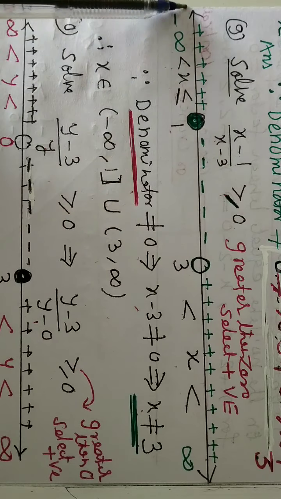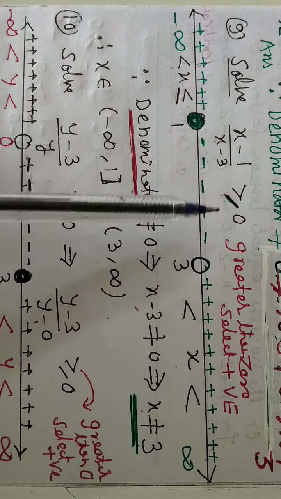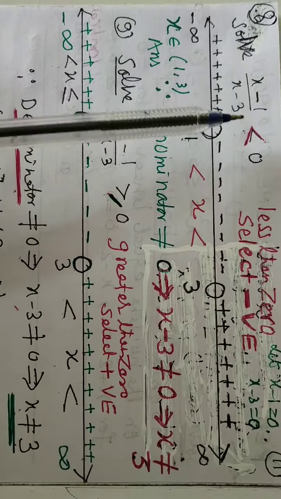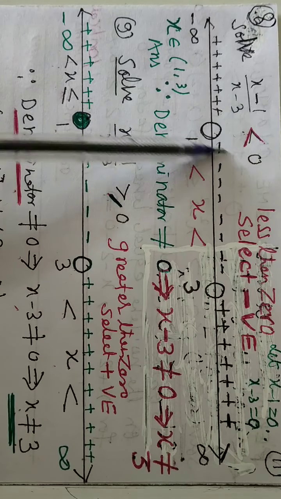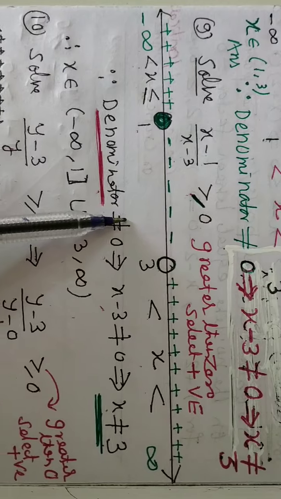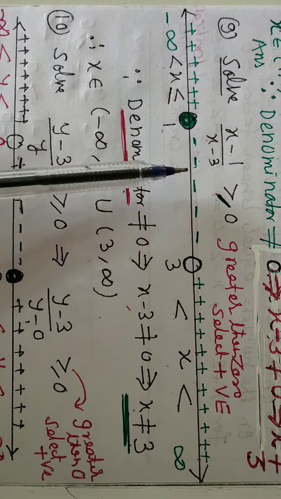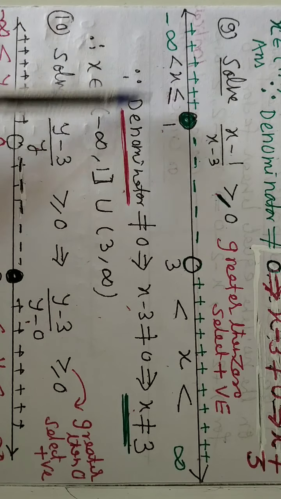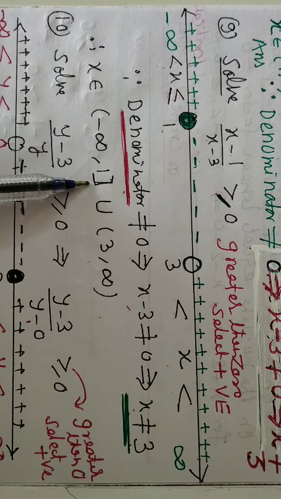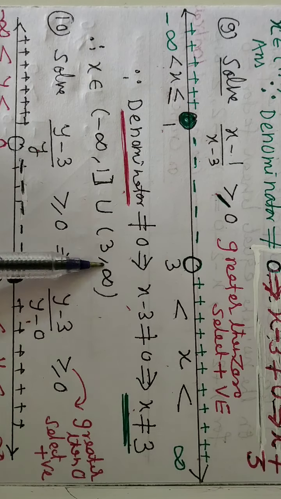Positive values are this side and this side. In the above question we selected minus values, less than 0. But in question number 9 we have to select greater than 0, so positive values. So the answer is minus infinity to 1, union 3 to infinity.